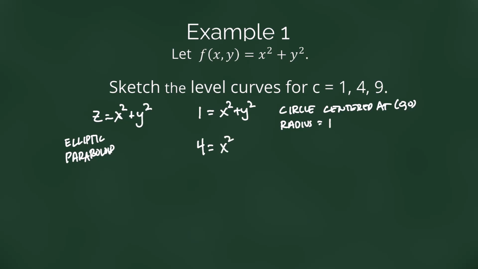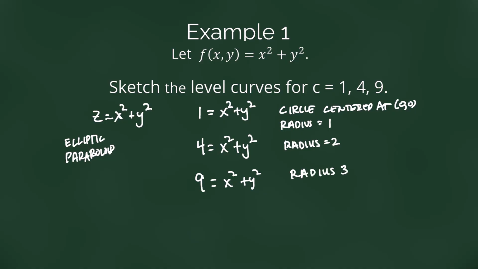When we replace the z value with 4, we get a circle centered at 0, 0, and this time we have a radius of 2. If we replace it with 9, of course we get the same thing, a circle, but now our radius is going to be 3.